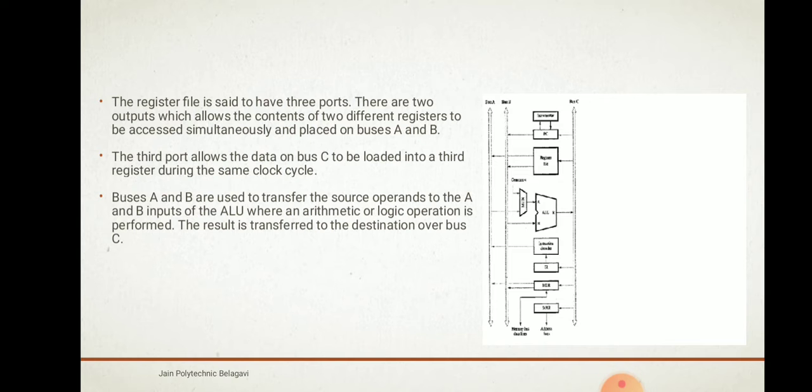Now the buses A and B, you can see, are used to transfer the source operands to the A and B inputs of the ALU. The ALU, as I've told, is the arithmetic logic unit. It takes 2 operands, A and B. The buses A and B provide these source operands to the ALU, where an arithmetic or logic operation is performed.